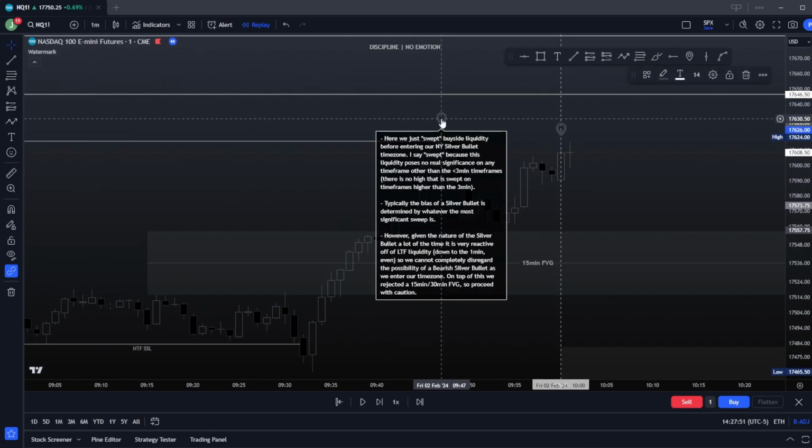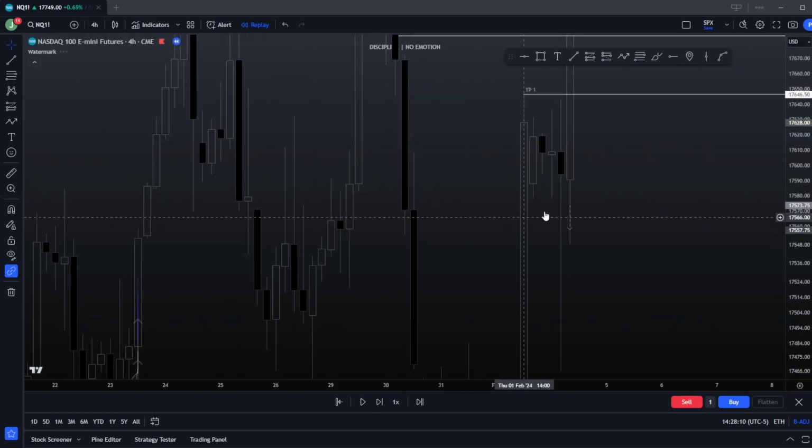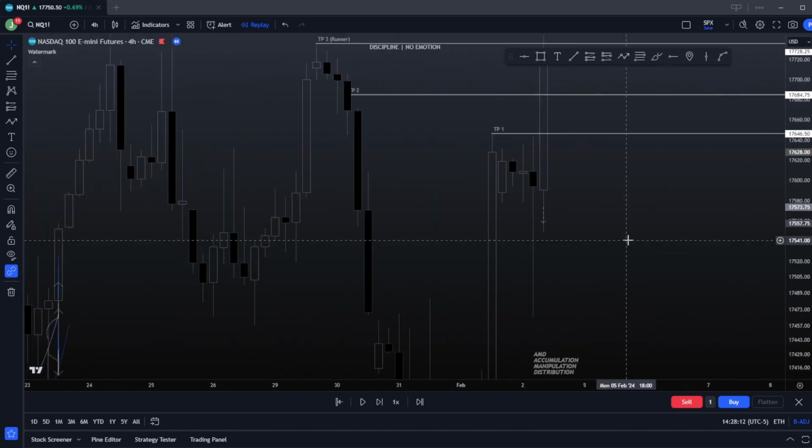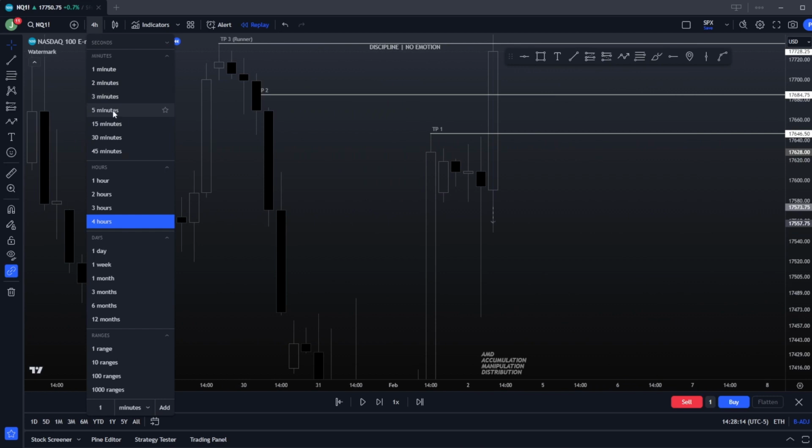Now, typically the bias of the silver bullet is determined by the most significant sweep. But obviously, don't just use the sweep. You want to use higher time frame. Like I said before, start on the higher time frame, figure out, okay, I see where price wants to go.